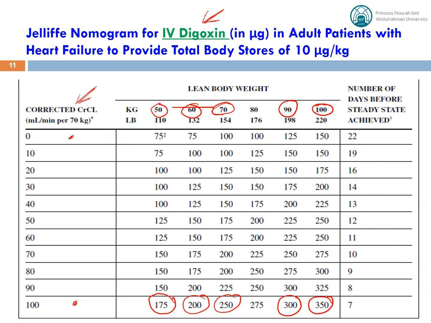What about the number of days to achieve steady state? It's a similar number of days, starting with 7 days for patients with relatively appropriate renal functionality to 22 days for patients with kidney dysfunctionality.